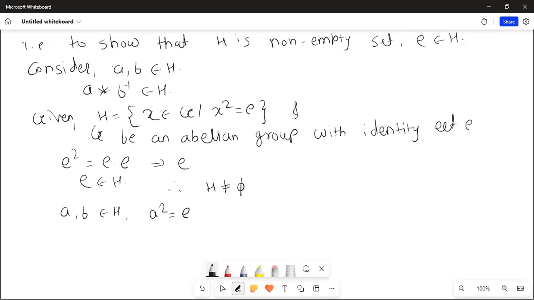Then A square is E and B square is E. Therefore A star B inverse belongs to H आएगा.